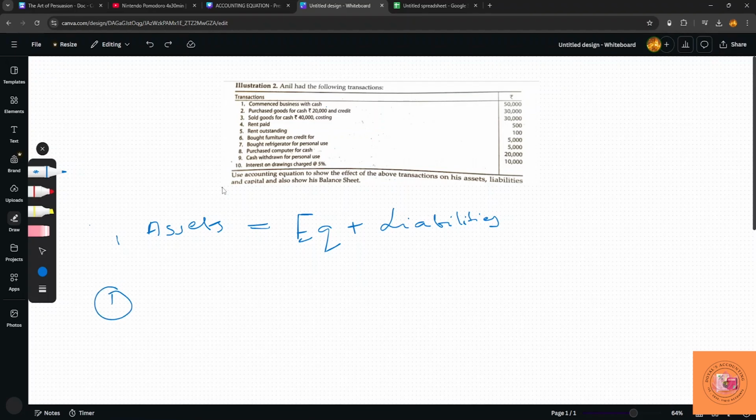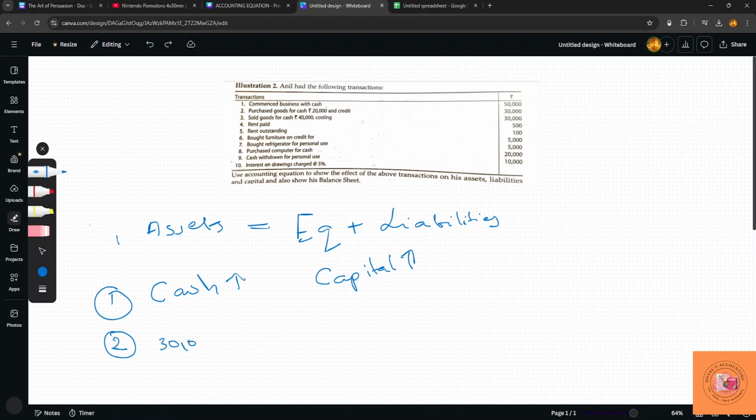So in number 1, Anil has commenced business with cash rupees 50,000. So our cash is going to increase by 50,000, and so will our capital. In case number 2, purchased goods for cash rupees 20,000 and credit worth rupees 10,000. So the total amount of goods that he has purchased is worth 30,000, and he has paid cash only 20,000 and credit 10,000.